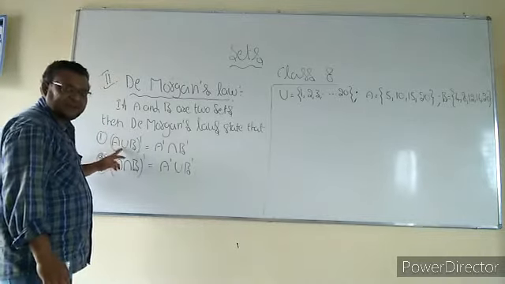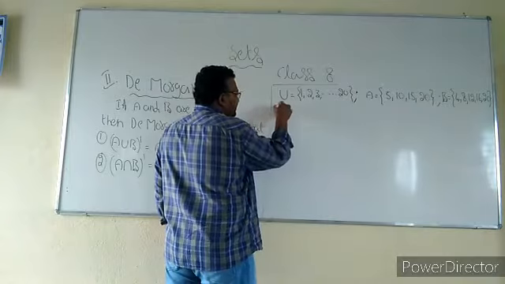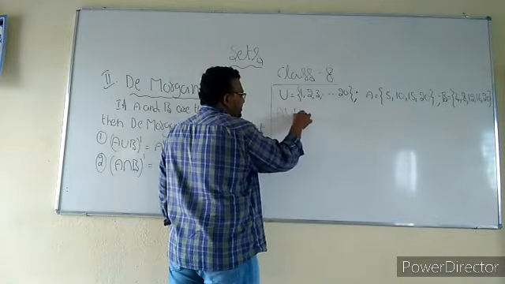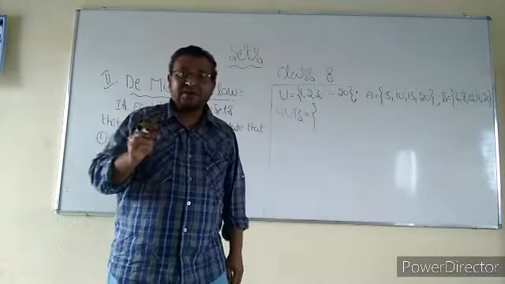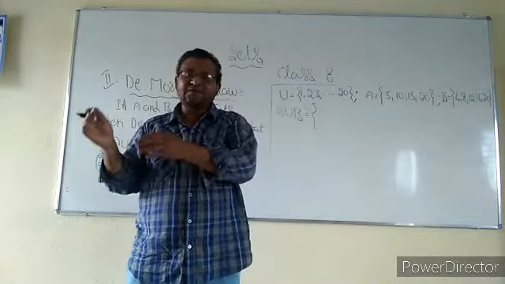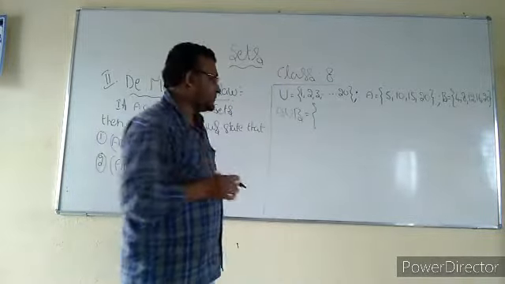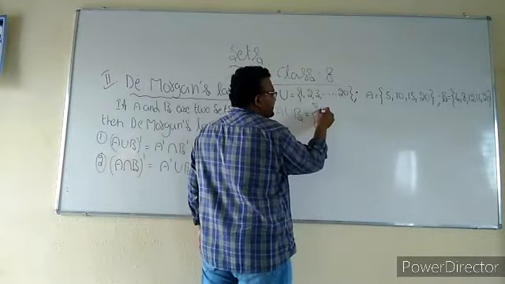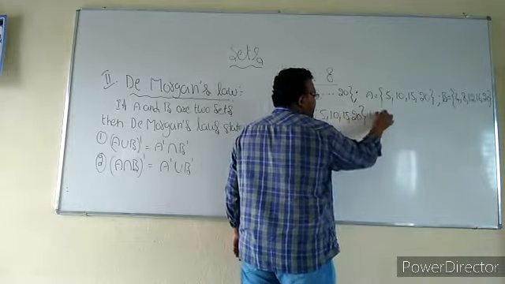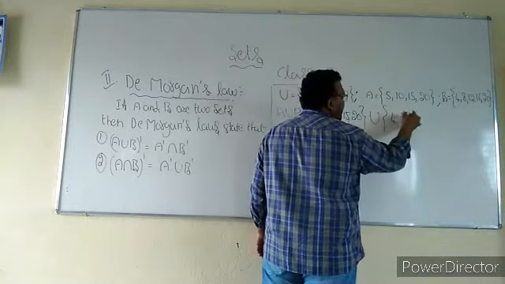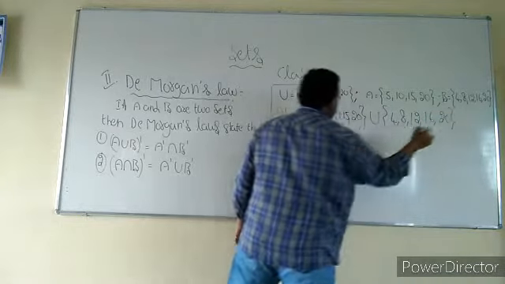First take LHS, which is (A union B)'. Find out first A union B, then after that the dash. Whole dash means complement. Complement means we have to subtract from the universal set. That is the complement of the set, we know that. So A union B: A is 5, 10, 15, 20, union B is 4, 8, 12, 16, 20.